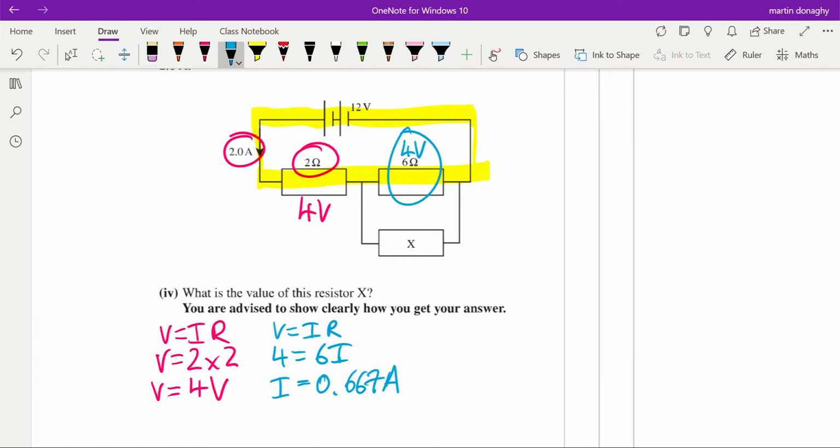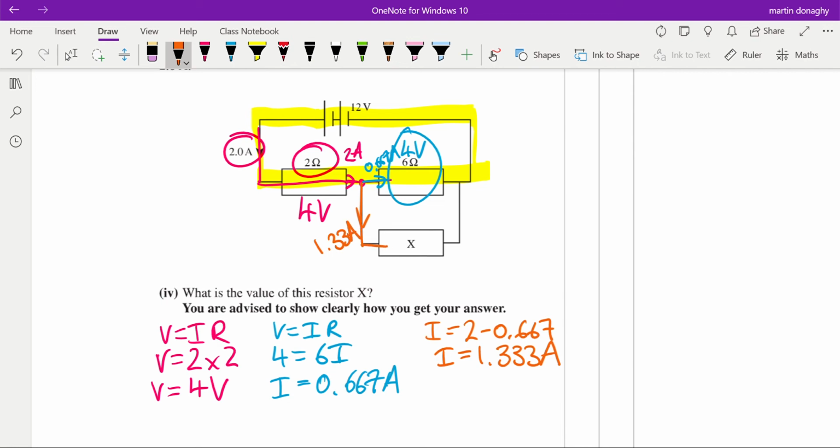So now, 2 amps goes to here and 0.667 amps goes this way, so we can work out how much must go down this path: 2 amps minus 0.667. Whatever flows into the junction must flow out, which is 1.33 amps.